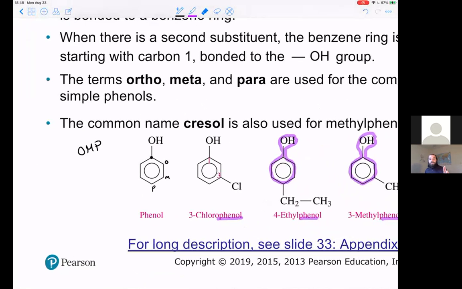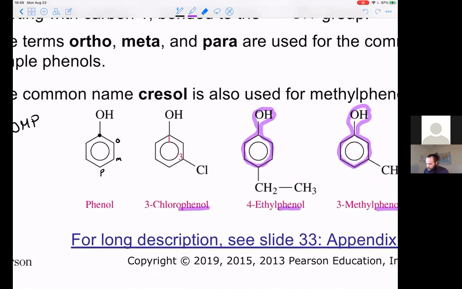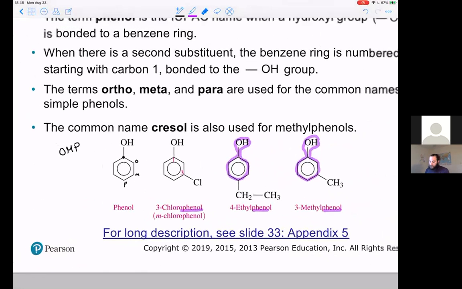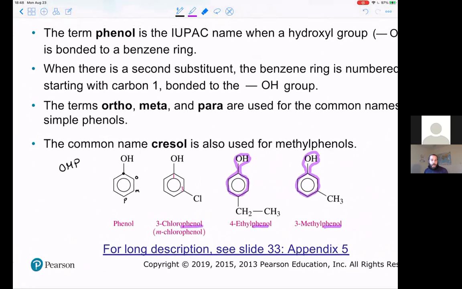They only ever work to describe a benzene ring that has two different things sticking off of it. So another name for 3-chlorophenol would be meta-chlorophenol, or m-chlorophenol. This one would be on the opposite side, right? So that's the para position. So this would be para-ethylphenol.